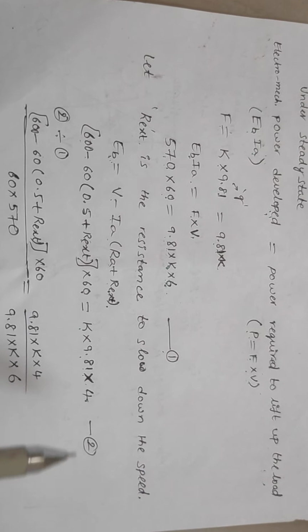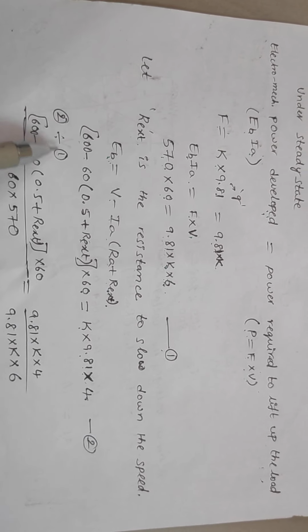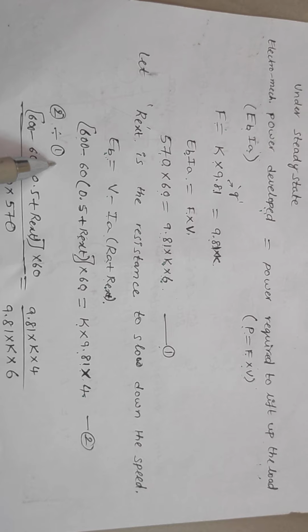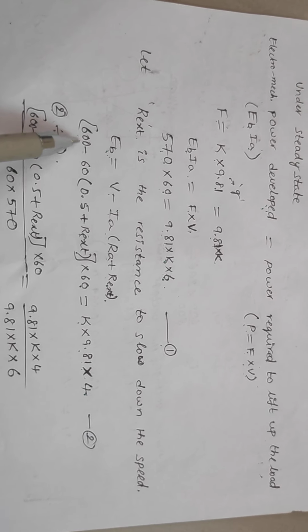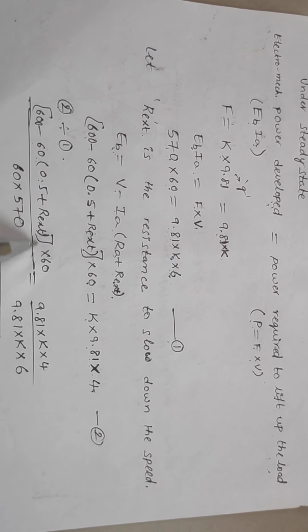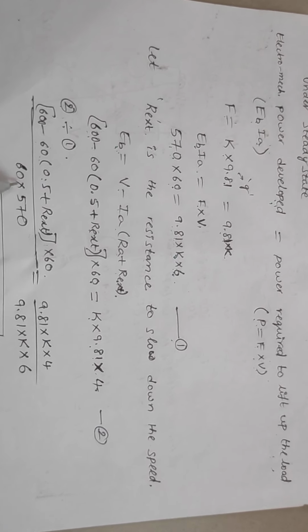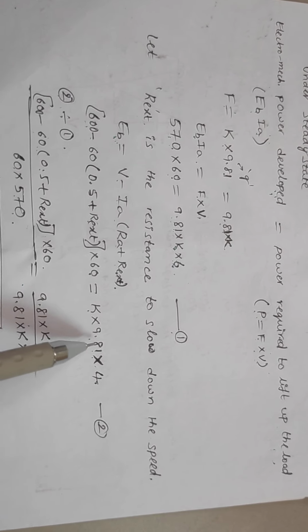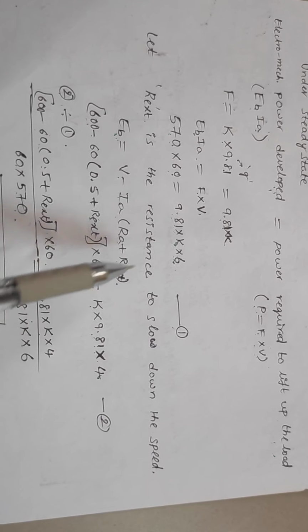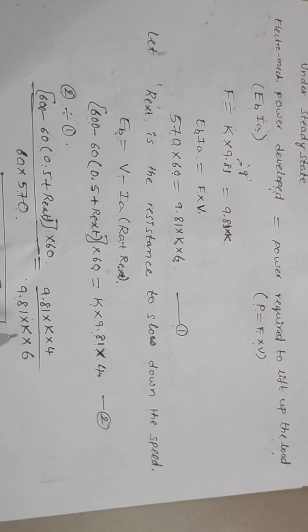Both equations, if you divide the second equation by the first equation, then 600 minus 60 into 0.5 plus R external, into 60, is divided by 60 into 570. On the right side, 9.81k into 4 is divided by 9.81k into 6.